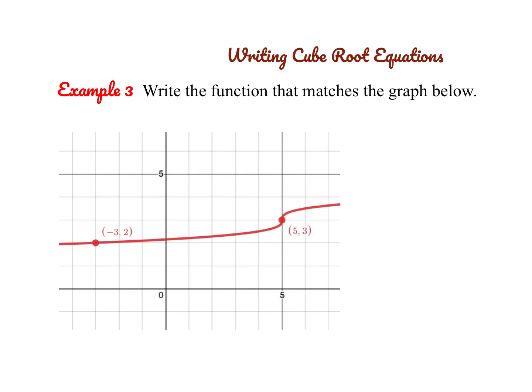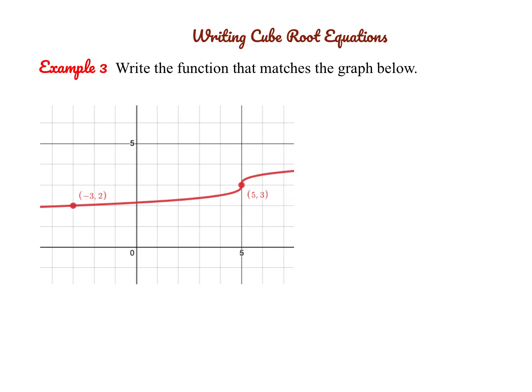So now we're going to do the opposite. We're going to look at a picture of a graph, and we're going to see if we can make the equation. So for this, I like to start by finding what I will call our center point. So our center point is here, the point that was at the origin in our parent function. And our center point in this graph is 5, 3.